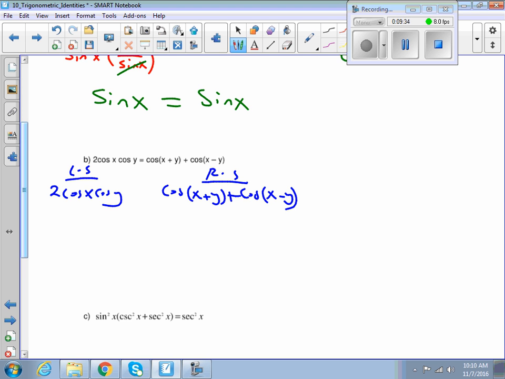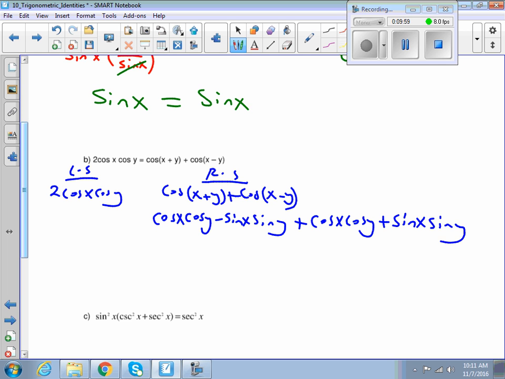But on the right hand side, I can see that we have compound angle formulas. Working on that, the first one would be cos x cos y minus sine x sine y, plus, again the same thing, cos x cos y, this time plus sine x sine y. Now, do you notice anything?